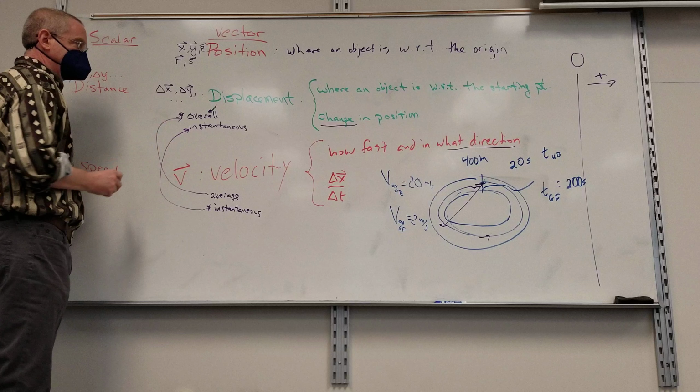The default, if I ask what's the velocity, I'm asking about instantaneous. If I want the average velocity, I'll have to use the word average. So average velocity is related to overall displacement. Instantaneous is related to instantaneous displacement.